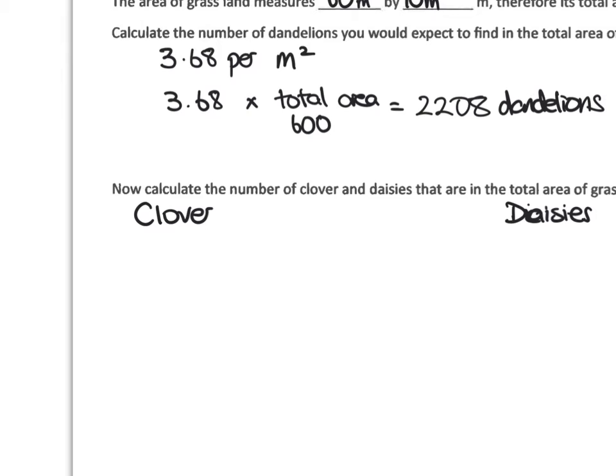So you need to set out step by step, show how you calculate the average number per quadrat. Well, sorry, average per metre square. Show that. And then the total. Show your calculation at each step, all right?